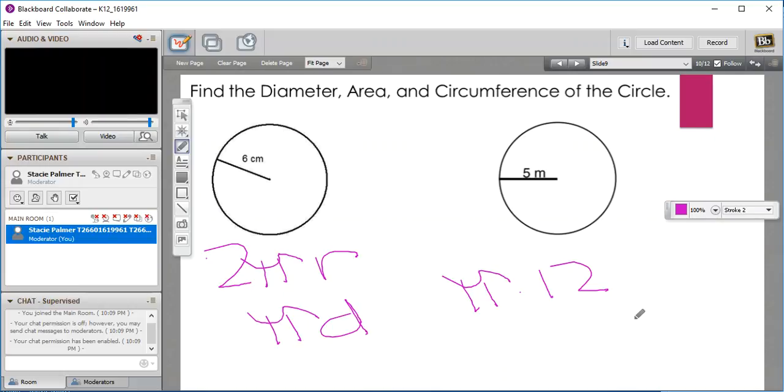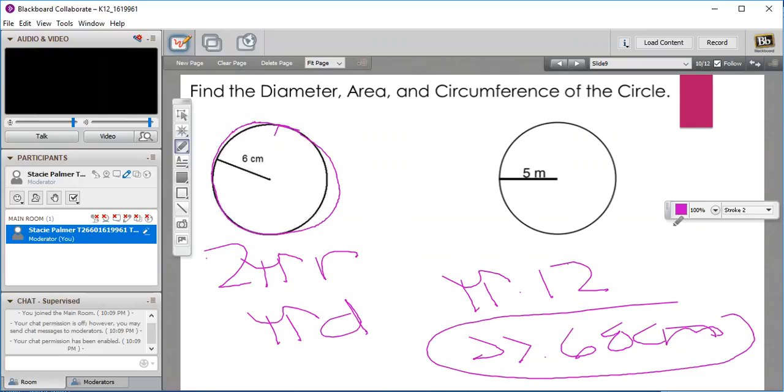So I do 3.14 times 12, and we get 37.68 centimeters. Okay, so the distance around this circle, if the radius is 6, is 37.68 centimeters.